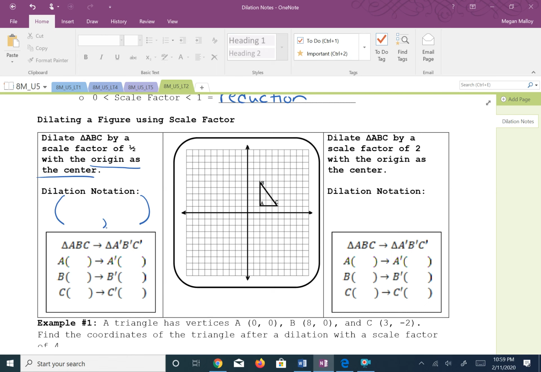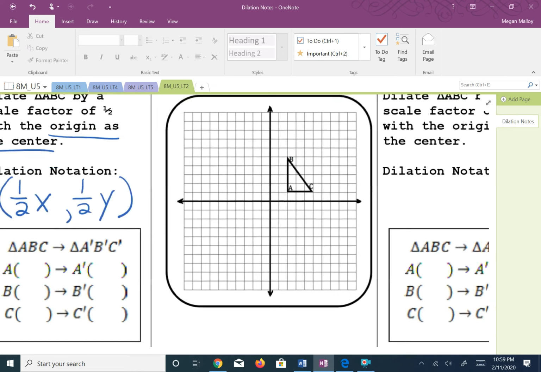Whereas with dilation, we're going to be using multiplication. So if I'm dilating by a scale factor of 1/2, I would do 1/2 times my x value and 1/2 times my y value. Those should be the exact same in your dilation notation.